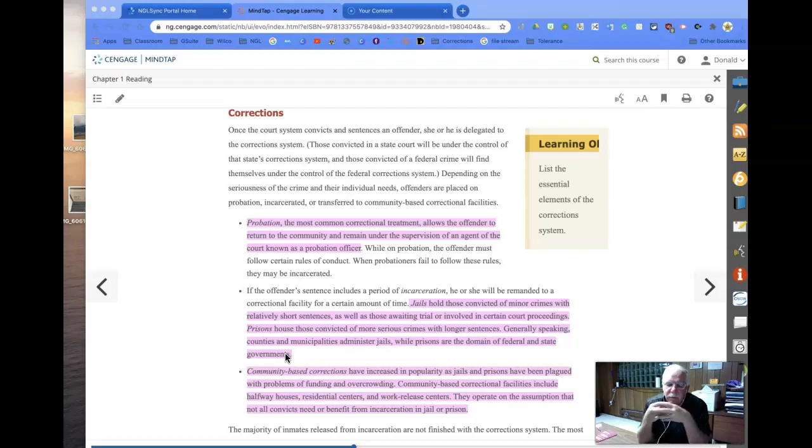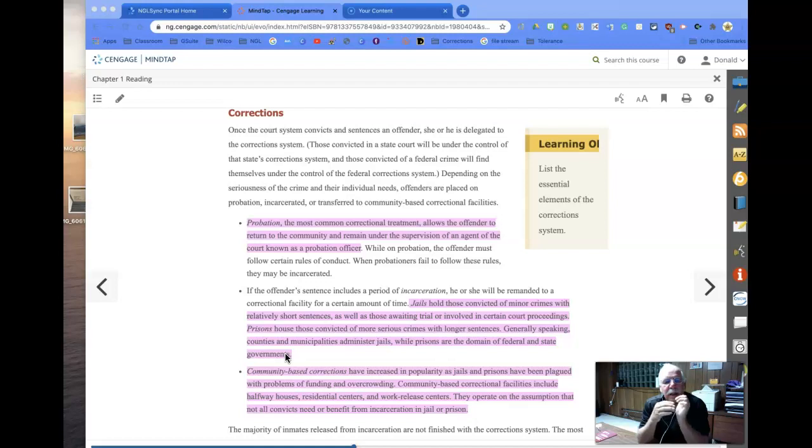So after an individual is arrested by the police, arrested by the cops, prosecuted by the courts, now we get into our third C, the correction system, the punishment aspect of it. After a person is arrested, found guilty and convicted of an offense, then they're sentenced and they move into our correctional system.